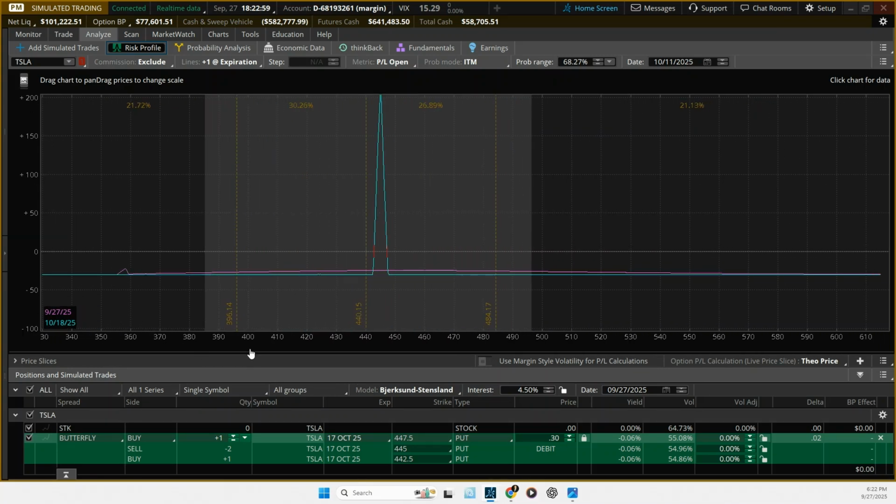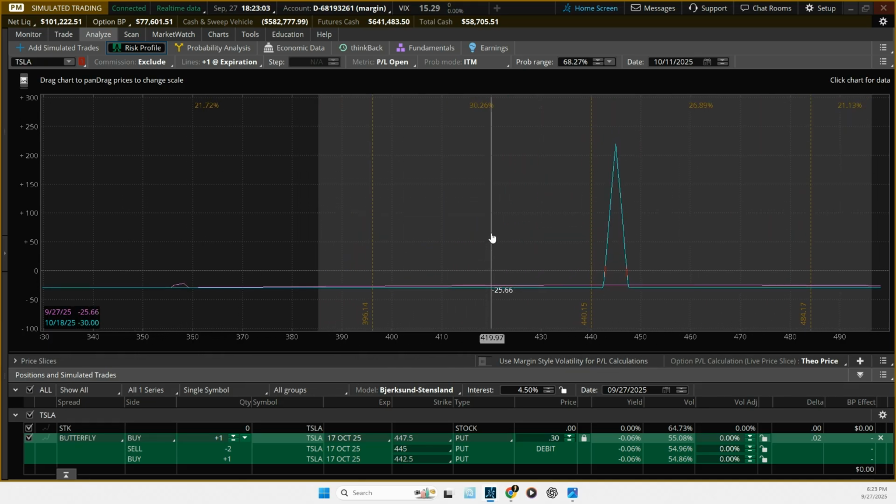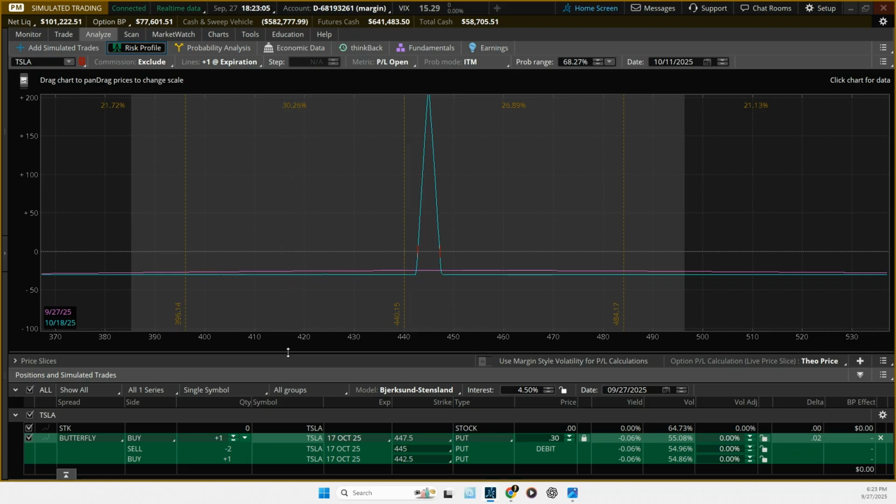Now it's looking more like the risk graph of a butterfly. So this is showing at expiration here with, look at this color, turquoise or whatever that is, teal. Look at that number when I put this right.